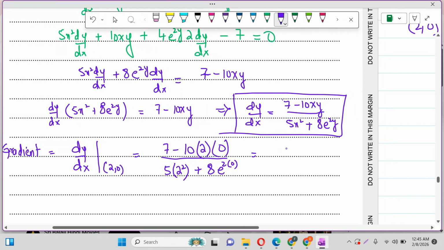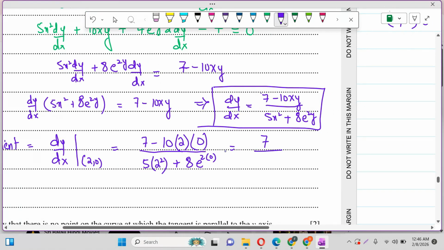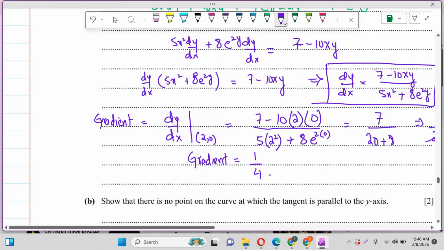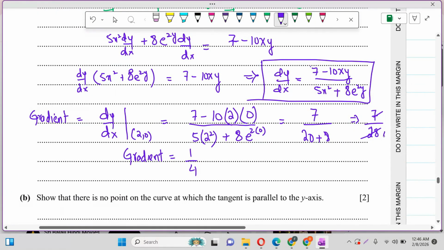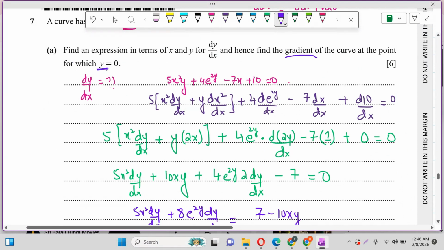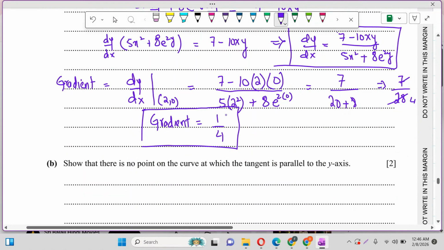So this is equal to 7 over 4 times 5, which is 20, plus 8 times 1, so this is equal to 7 over 28, so the gradient is equal to 1 over 4. So the gradient of the curve at the point where y is equal to 0 is 1 over 4.